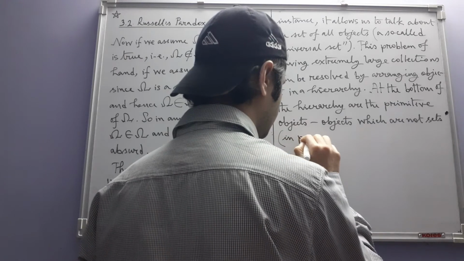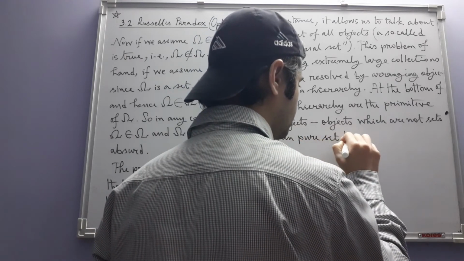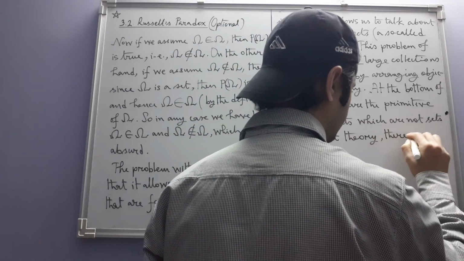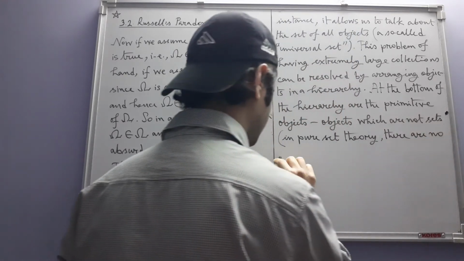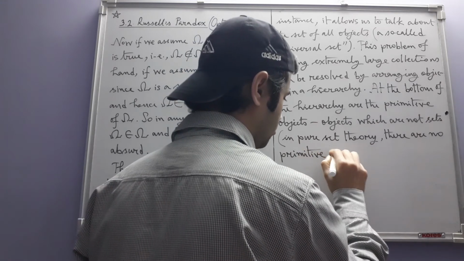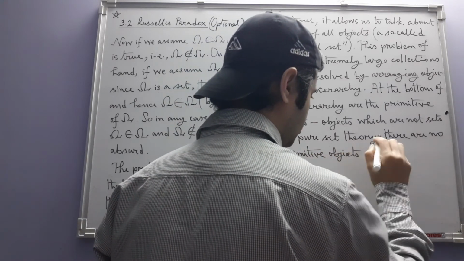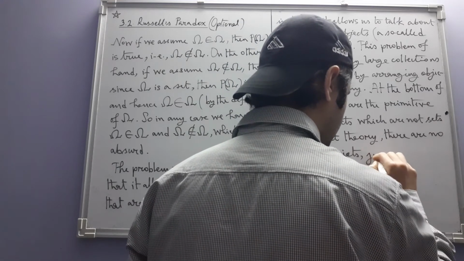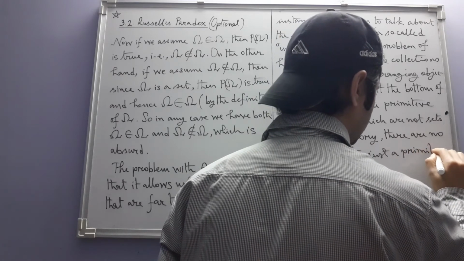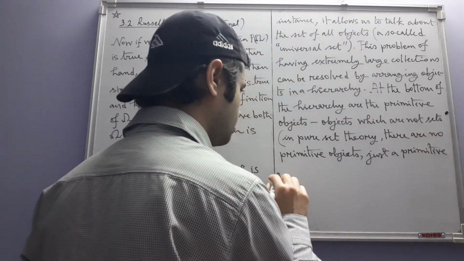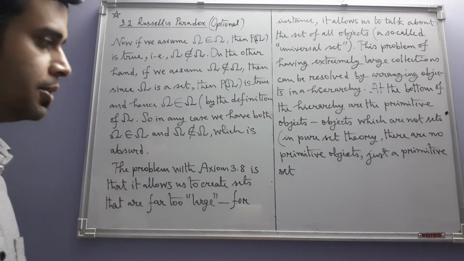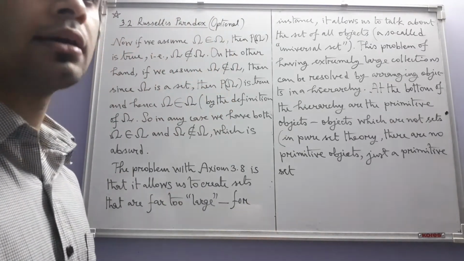In pure set theory, there are no primitive objects. Primitive set means that can also be taken as a primitive object, but it's in the next rung of the hierarchy.